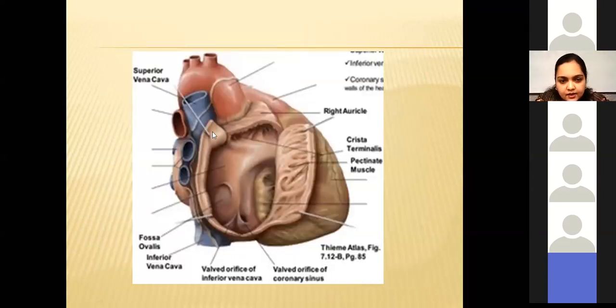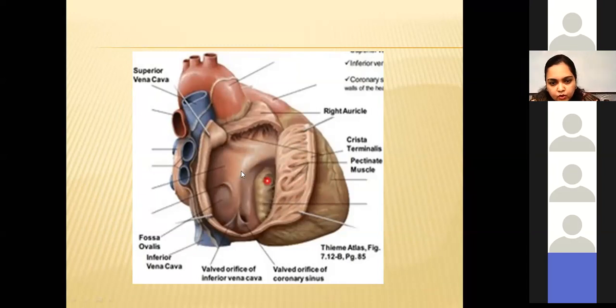This is the right atrium, with the opening of the superior and inferior vena cava. When we dissected this, here we have the anterior wall that is formed by the musculi pectini. This is the muscular part, the anterior wall. When we open and dissect this, these are all internal features: the musculi pectini. Then there is a smooth wall part.